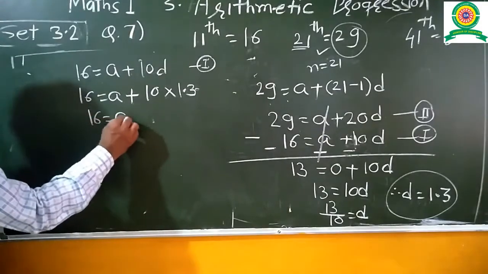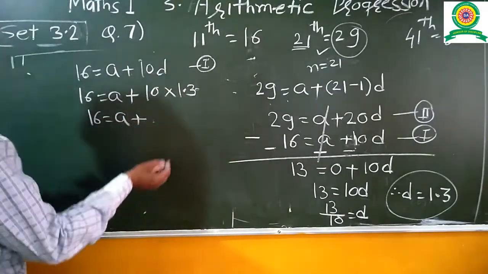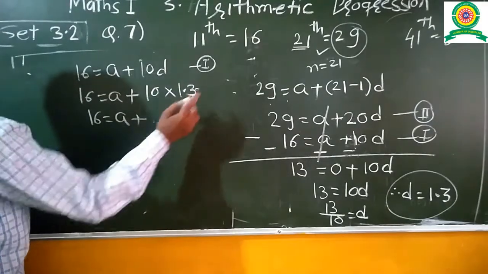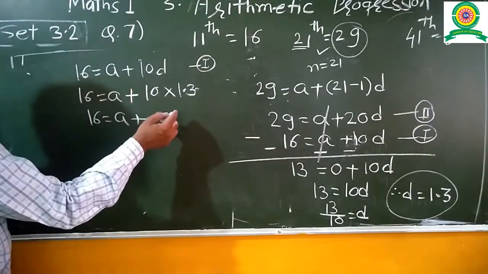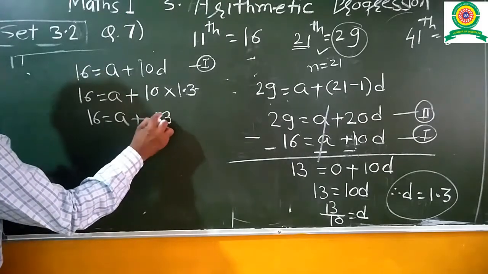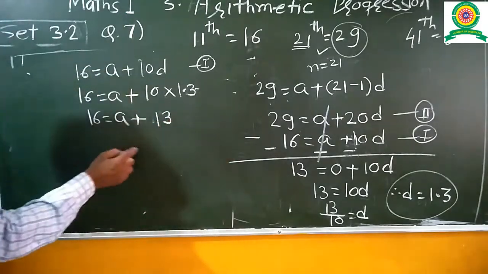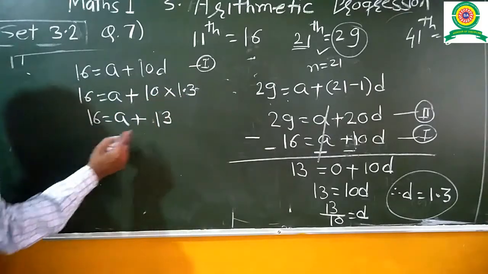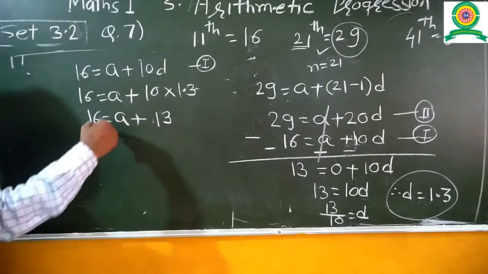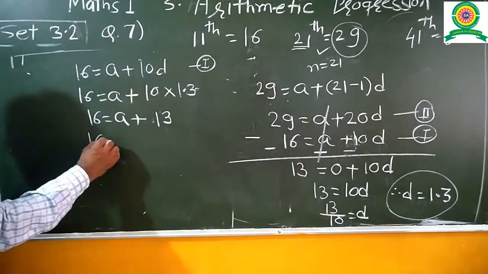So 16 is equal to A plus 10 into 1.3, which is 13. By transferring this 13 from right to left, the sign will change.